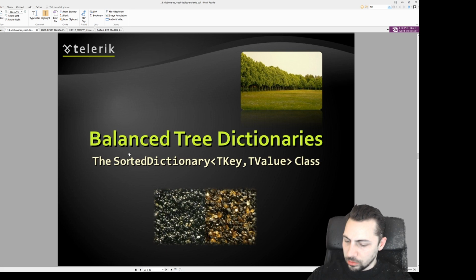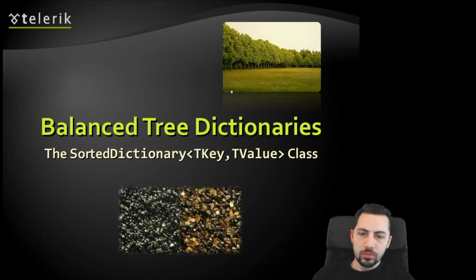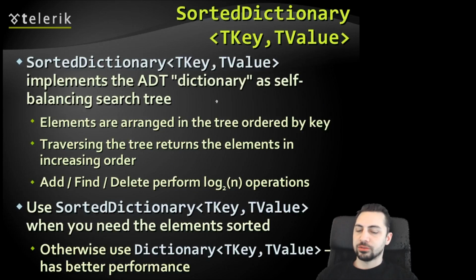So pop that open. So the sorted dictionary has some extra logic, and it really just relies on the underlying data structure of the key type. All right. They're ordered by the key. And when you traverse, that's what you usually call it when you're going through a tree, when you traverse the dictionary, it gives them in increasing order.